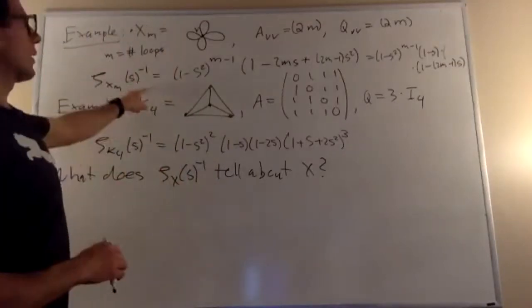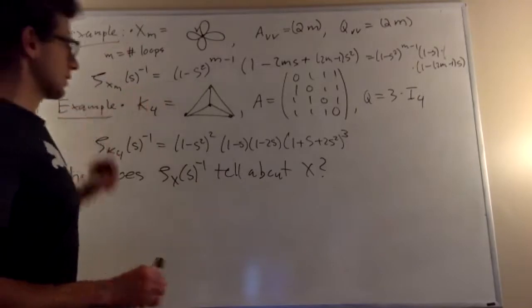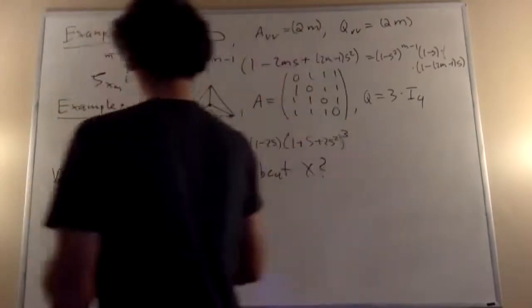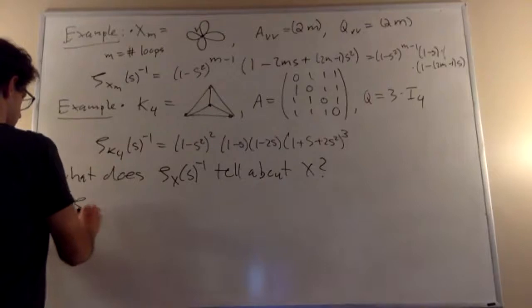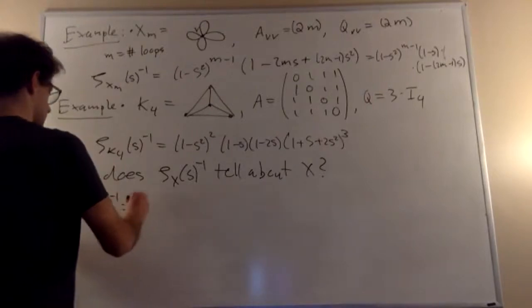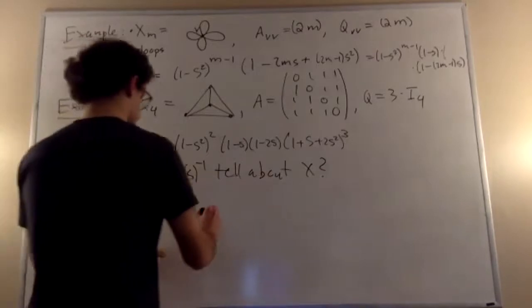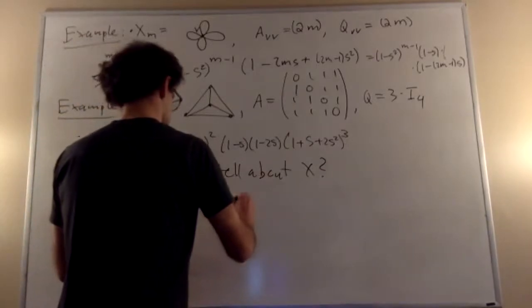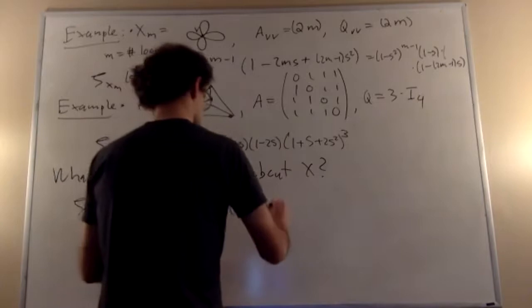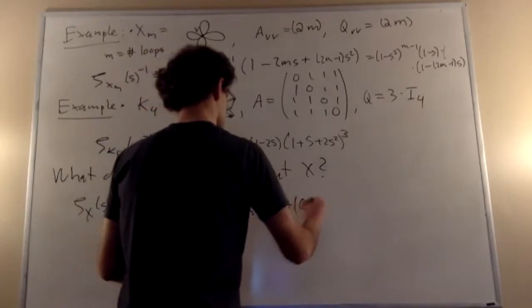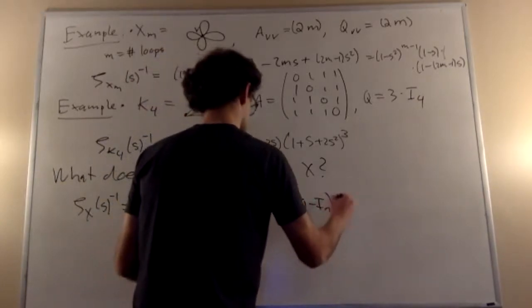I just erased the formula, unfortunately. So zeta_X(s) inverse is (1 minus s squared) to the r minus 1, times the determinant of (I minus As plus Q minus I s squared).